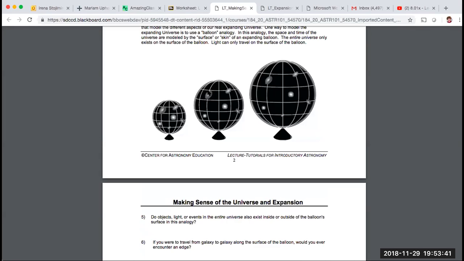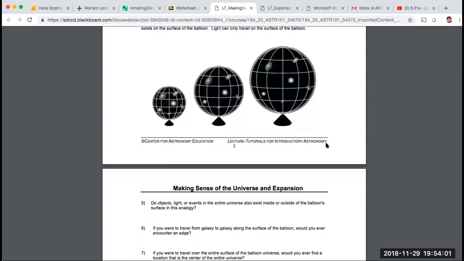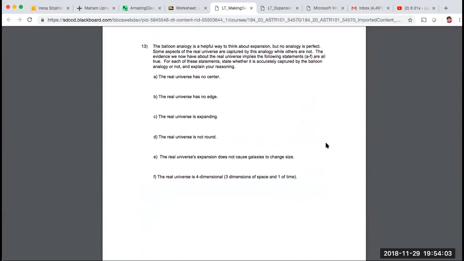Gravity still dominates on the scale of a galaxy. So the size of the galaxy remains the same, but what is actually expanding is the space between the galaxies. The expanding space pushes galaxies away from each other, but they remain their size, and you can see that clearly here. Okay, good. Then we have the last question.